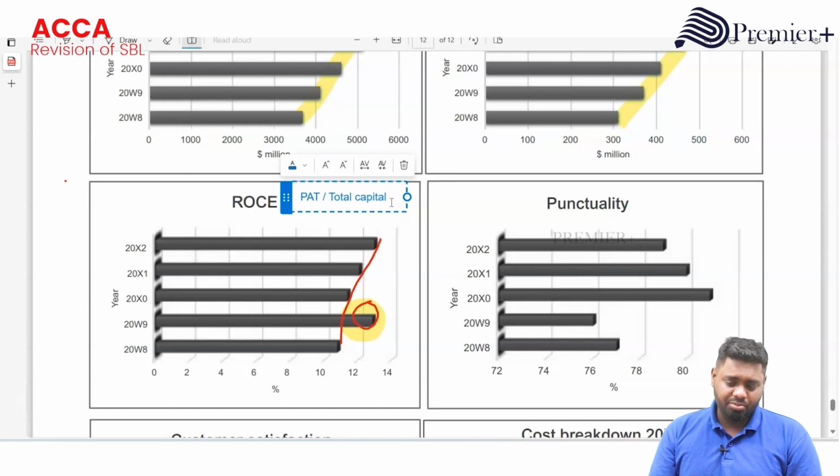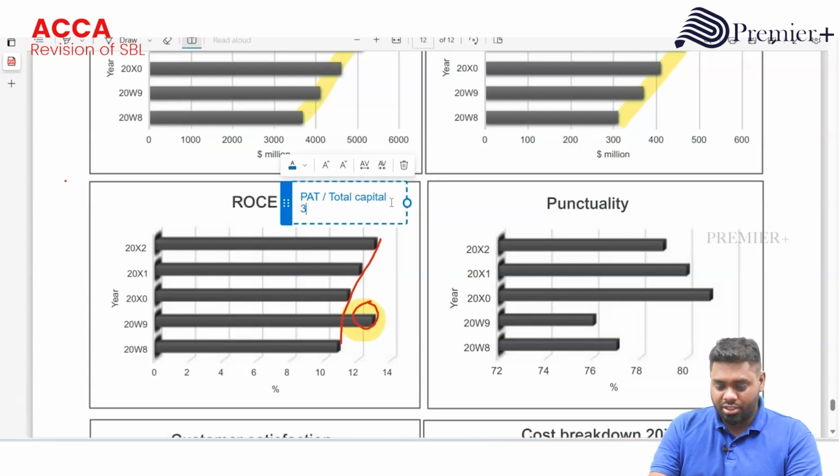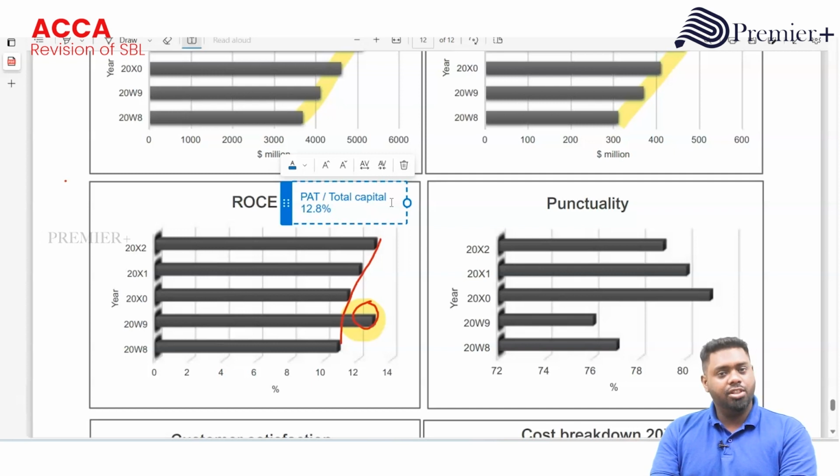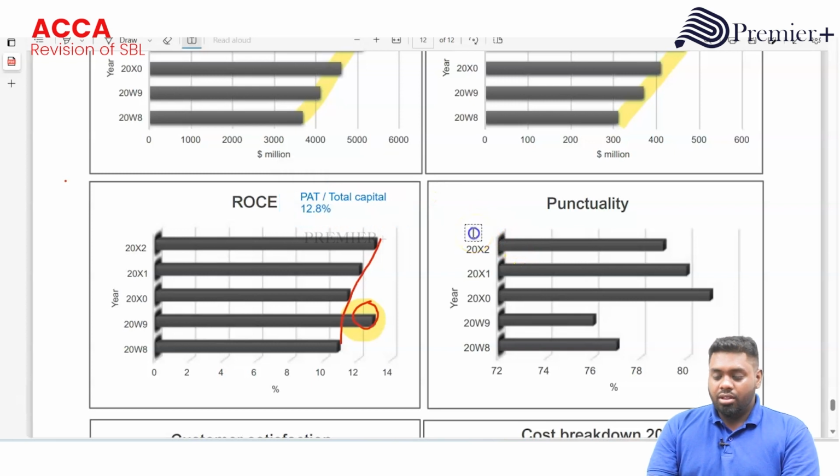That is shown by the ROCE. Let's assume the ROCE is 12.8%, somewhere around there. So 12.8% means for every $100 invested as capital in the organization, a profit of $12.8 was yielded. Next, punctuality.